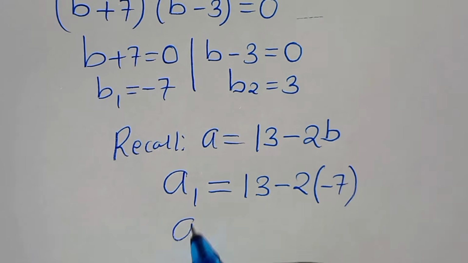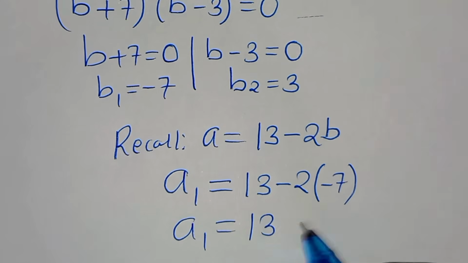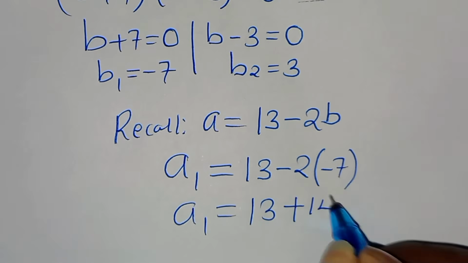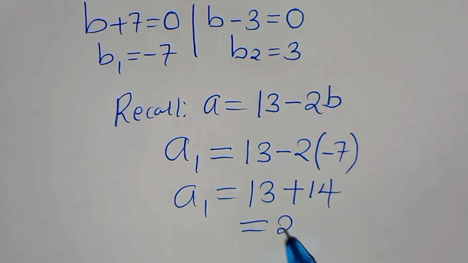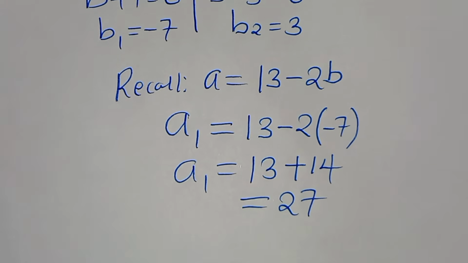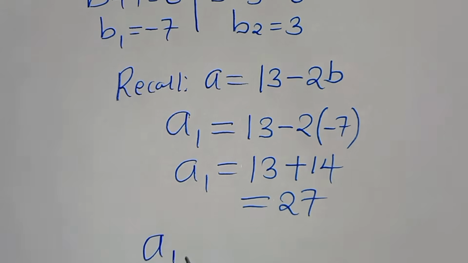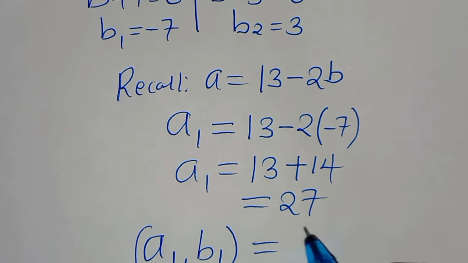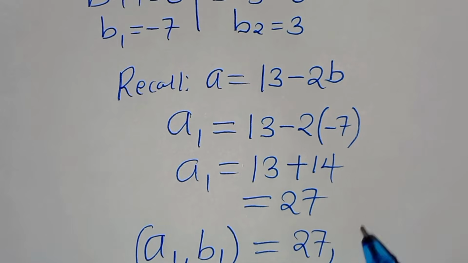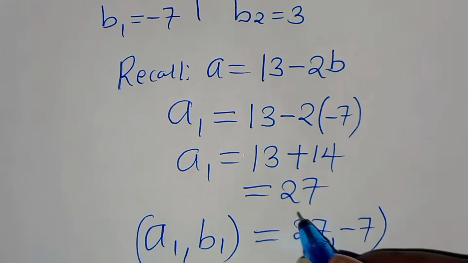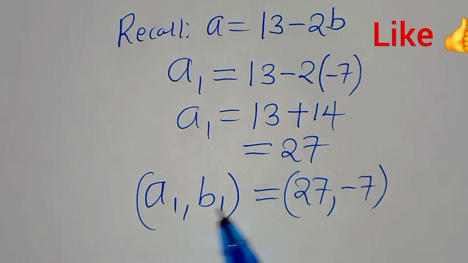So this means that a1 is equal to 13 plus 14, and this is equal to 27. So this implies that a1 comma b1, the first set of solution here, is equal to 27 comma minus 7.